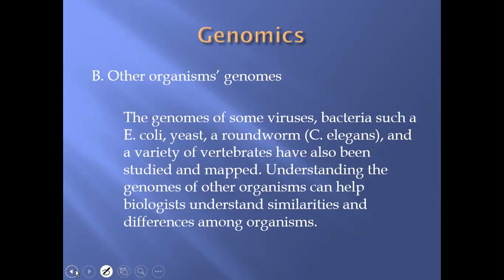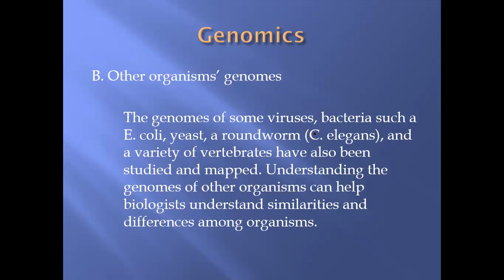Before we could get to the human genome and sequencing that, we had to sequence some things that were smaller and simpler. So we didn't begin with humans as the first organism whose genome was sequenced. We did a variety of other things. E. coli had its genome sequenced, yeast was a common one, and then the roundworm, known as C. elegans, also had its genome studied and mapped.